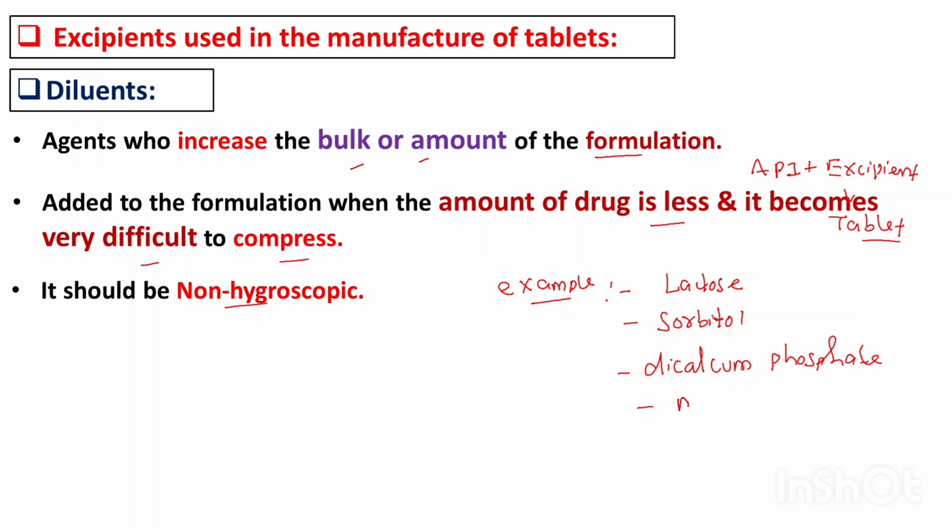Another one is mannitol, and calcium sulfate, also kaolin. So these are the different types of diluents used in the pharmaceutical tablet dosage form, right?